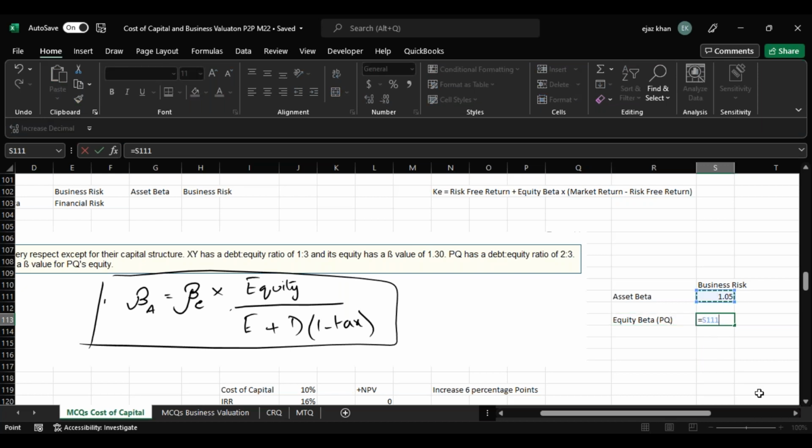We'll just pick this asset beta, multiply by equity plus debt, and divide by equity. So equity plus debt, equity, what's the value of equity?